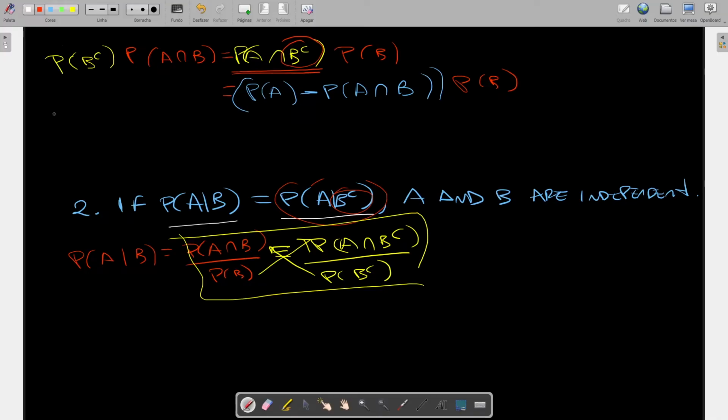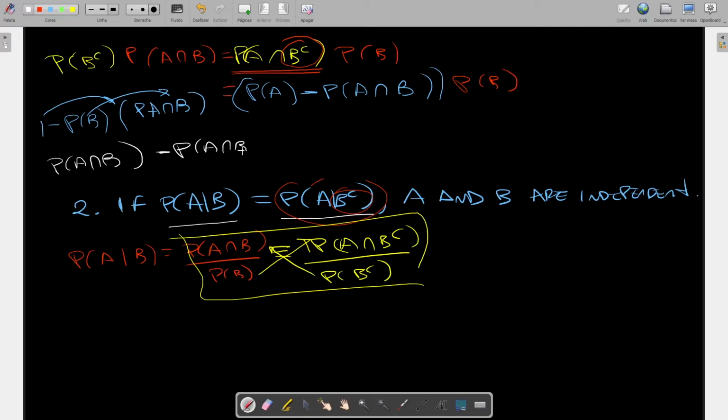And on this side, we're going to do the same thing. The probability of B complement is the same as 1 minus the probability of B, times the probability of A and B. So we're going to use the distribution here, and we get the probability of A and B, this one times this one, it's 1 minus the probability of B times the probability of A and B. So all we did was we got this one to this side and this one to this side.